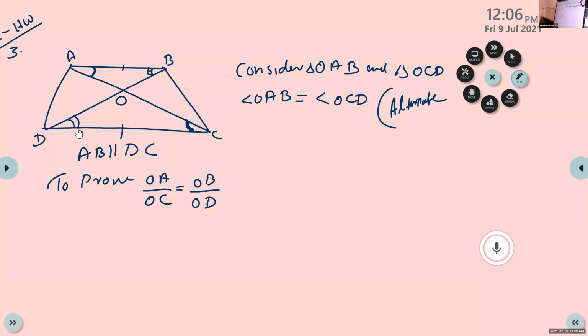I have marked angle B and angle D, these two angles. Are they equal or not? Equal. Why? What's the reason? Eva, what was the reason for angle B and angle D?